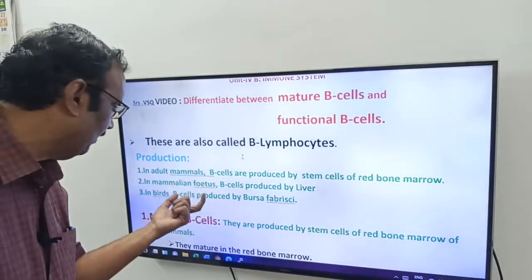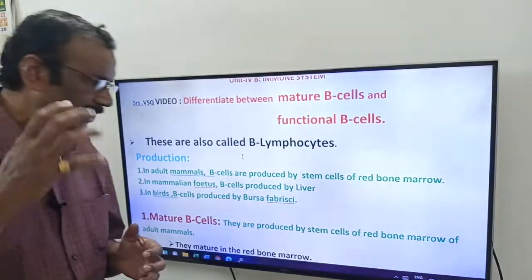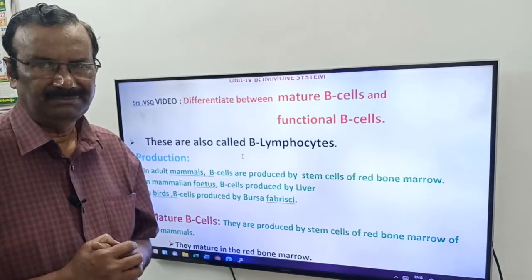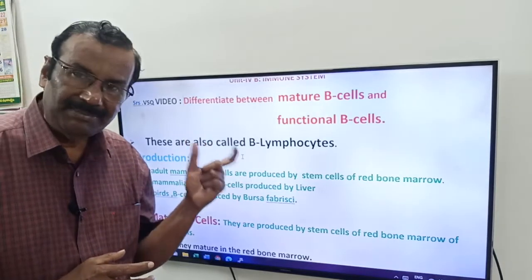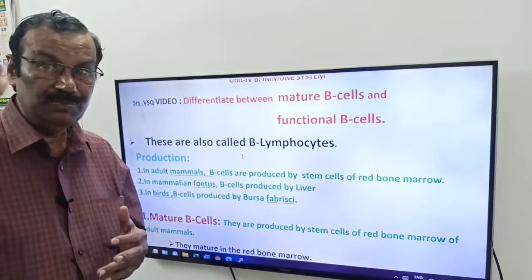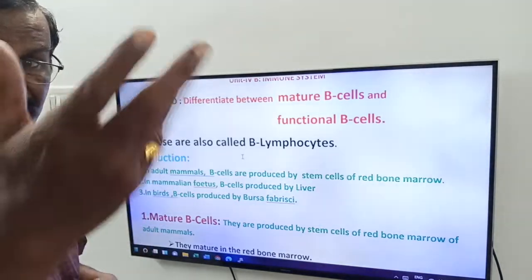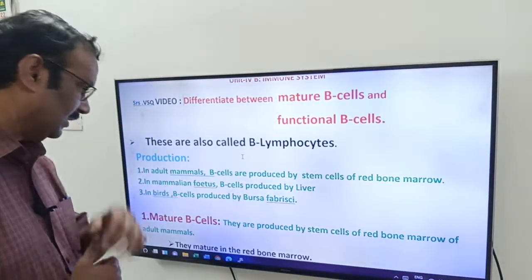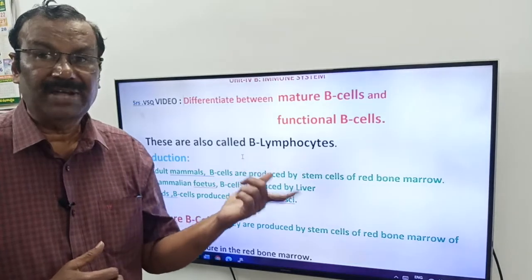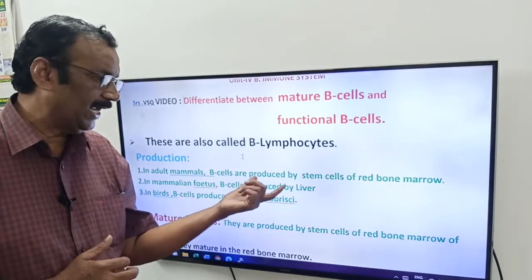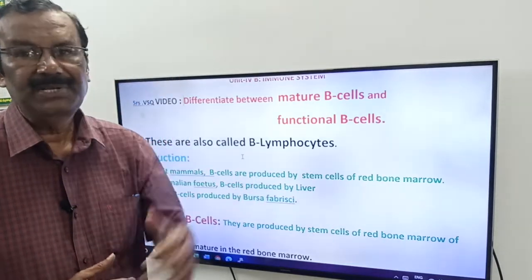Next, in the mammalian fetus, B cells are produced by the liver. What about birds? In birds, B cells are produced by the bursa fabricii. The same answer is there in the B cells.